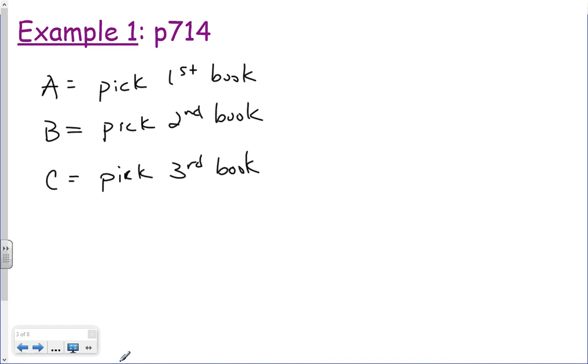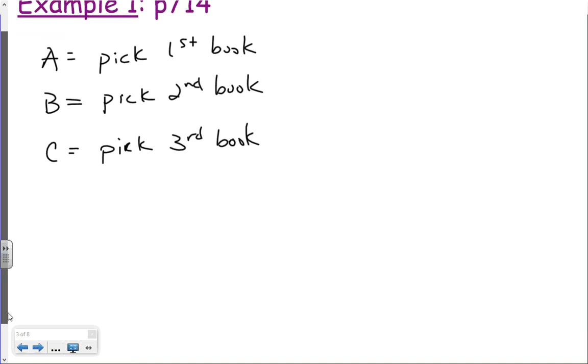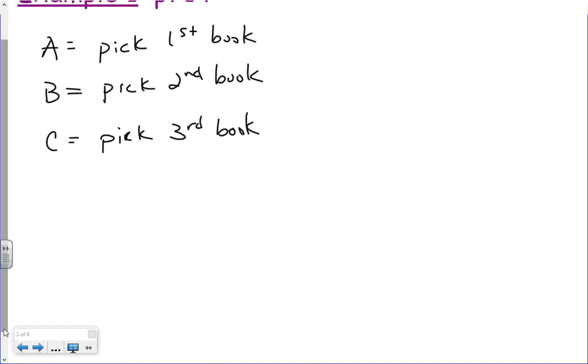So we're trying to find the number of ways of arranging 3 books. The number of ways of arranging those 3 books is really the number of ways these 3 events that we've just written down could occur.